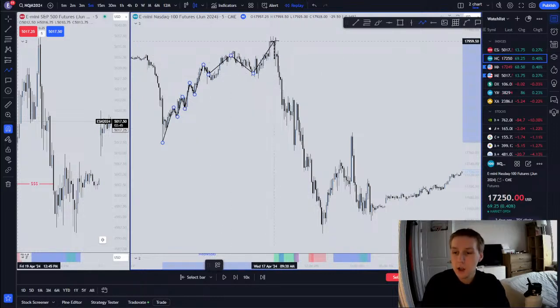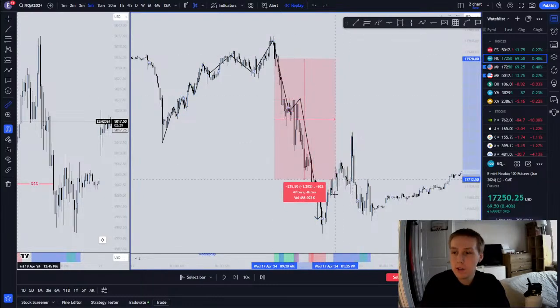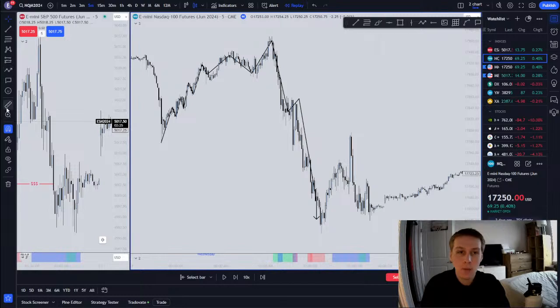To then, around open, we have this Judas swing to then run all of this low resistance liquidity in the matter of, we'll say, how long is this? We run all of this in 3 hours. How long are we building this move?